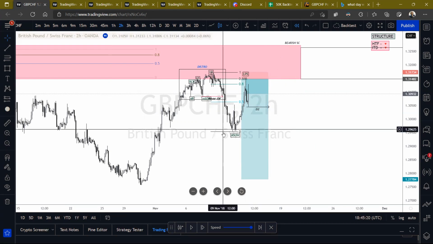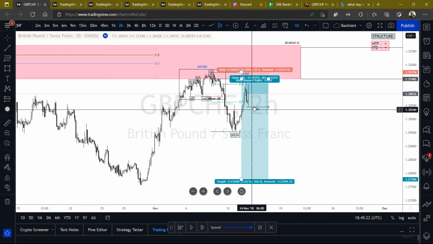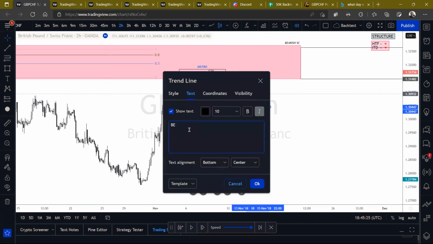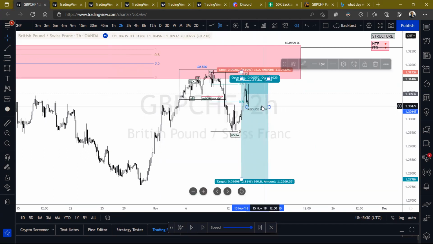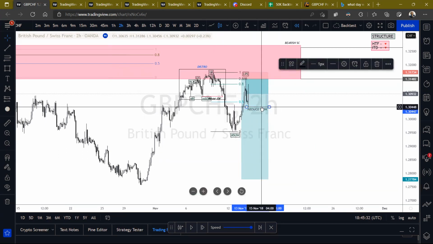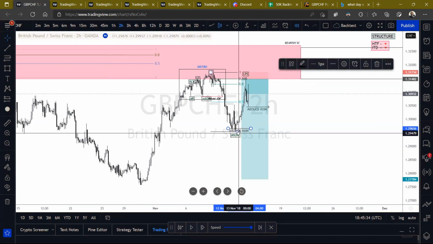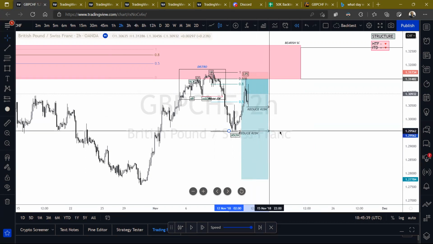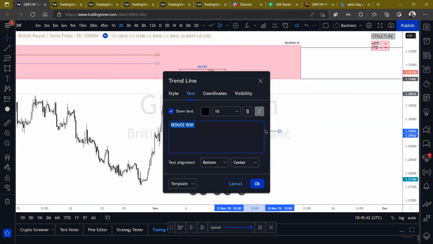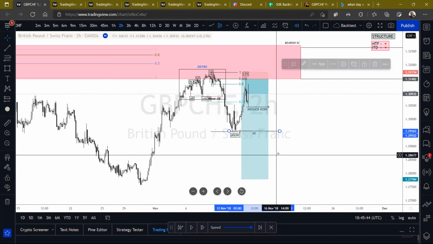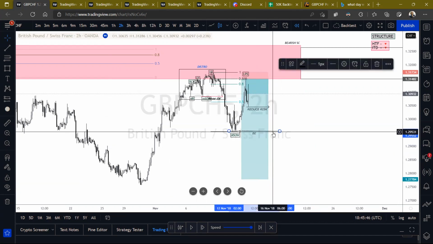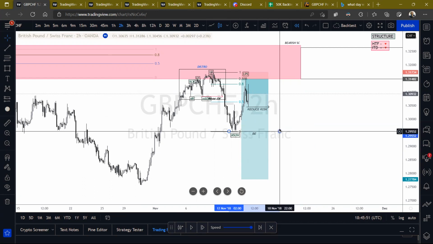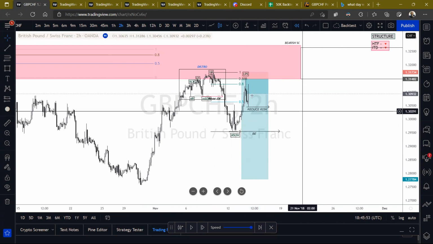And then here is where we're going to reduce risk. Here's where we're going to go to break even.